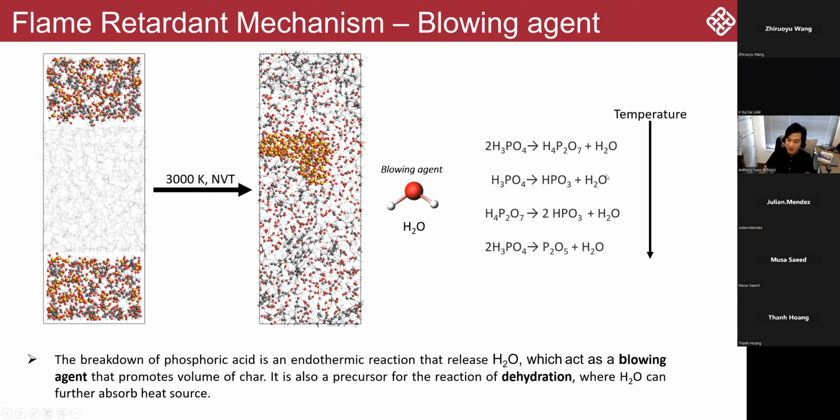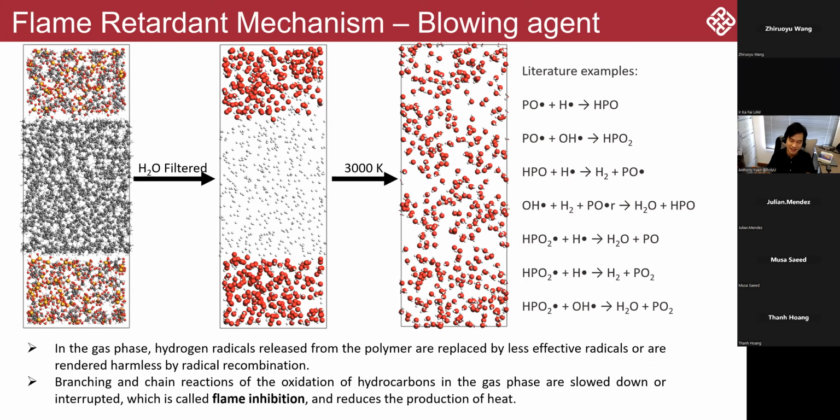But not only that, we can find the pathway for forming water vapor as well. The water vapor in the flame retardant mechanism is treated as a blowing agent. Not only does it reduce heat in the flaming process, it reduces heat because just forming this water H2O itself will dilute the reaction of heat generation.